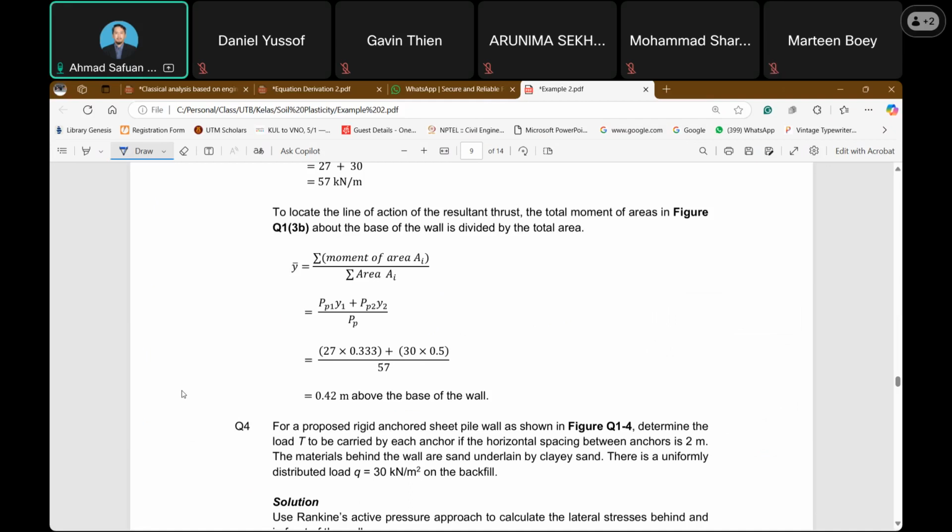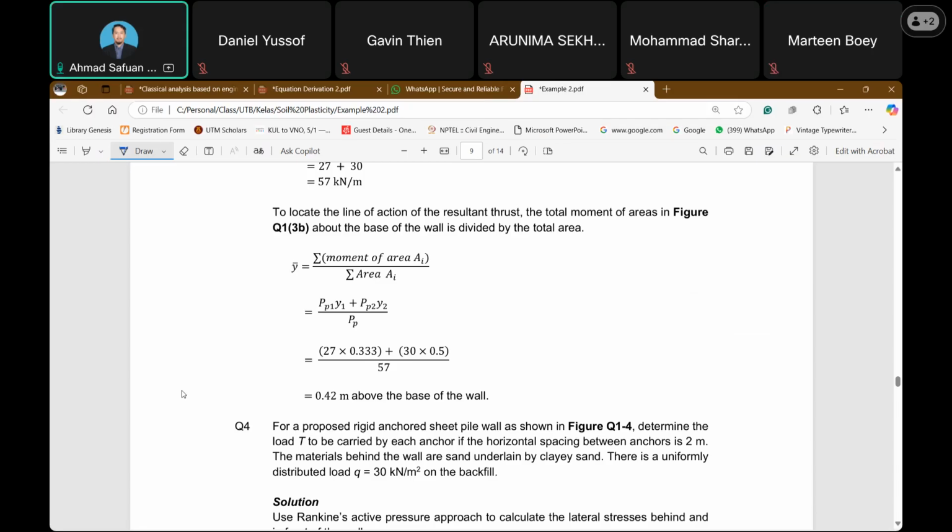Because the positive side for the active represents the expansion, while the positive side for the passive represents the compression. For the passive, the positive is compression, while for the active, positive is the expansion.